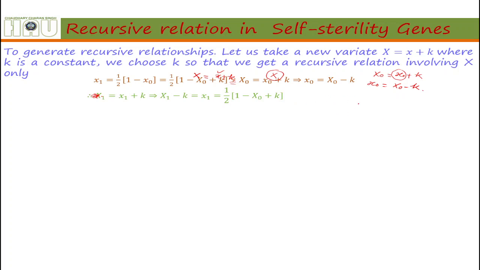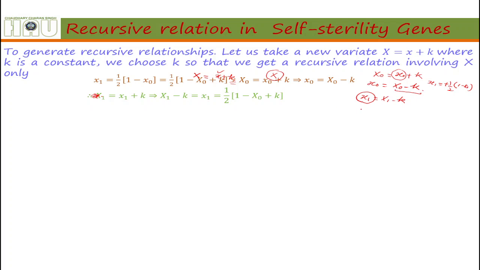So how will you get it? x0 can be written as capital X0 minus k. So x1, which is given in terms of capital X, say X1 minus k, and x1 can be written, from the previous generation you have seen, as half of, sorry, this is plus, half of 1 minus x0.